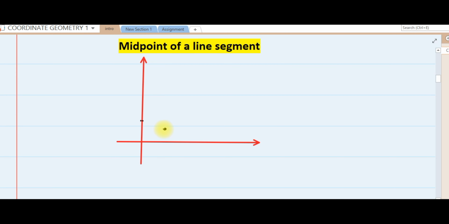So assuming this is the first point, let's call it point A with x1, y1. This is our y-axis. This is our x-axis. The second point, let's call it x2, y2. That's the coordinate.